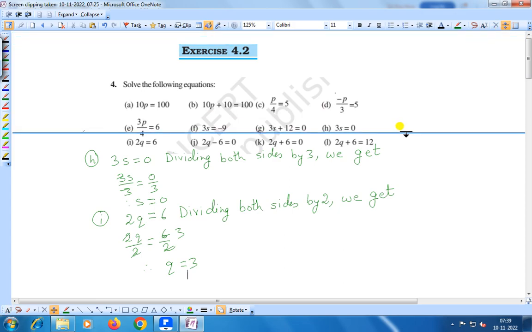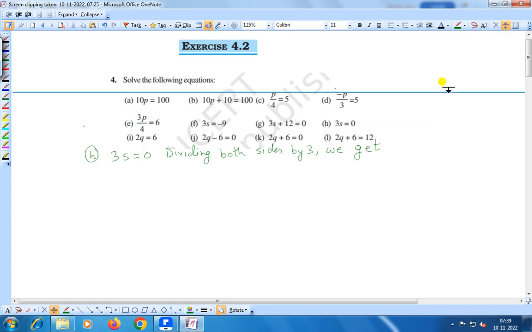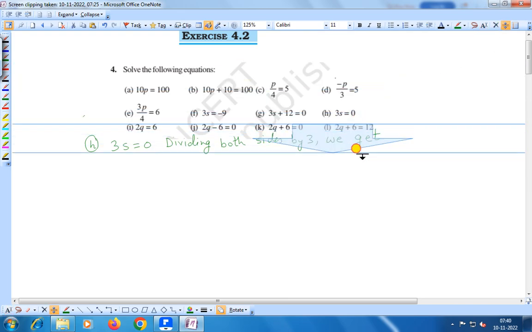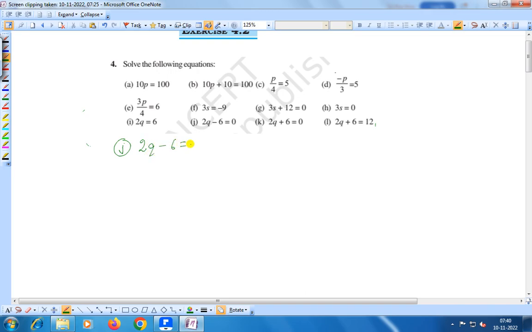Next question is J. Question number J is 2q minus 6 is equal to 0.